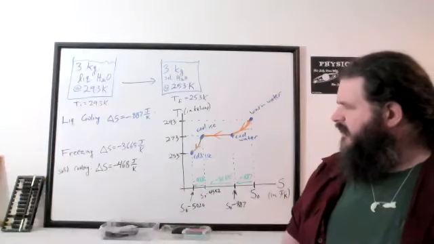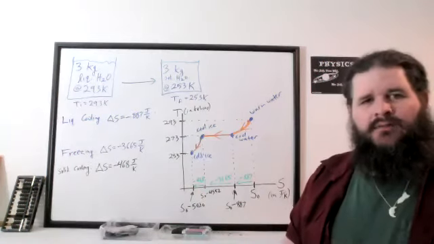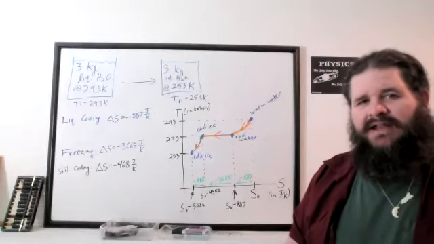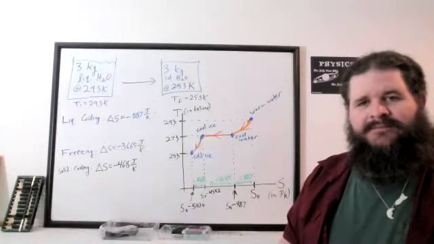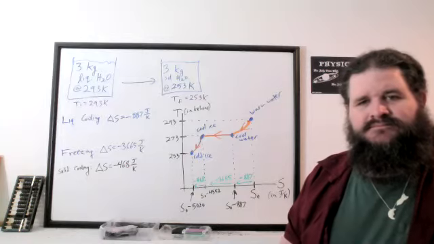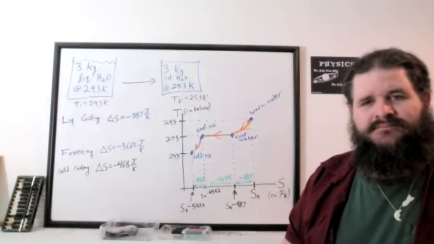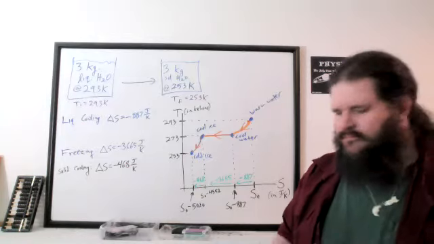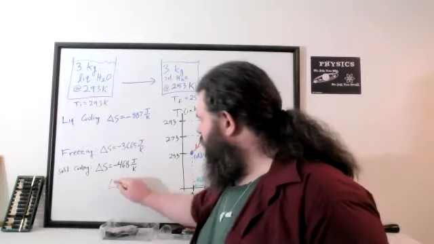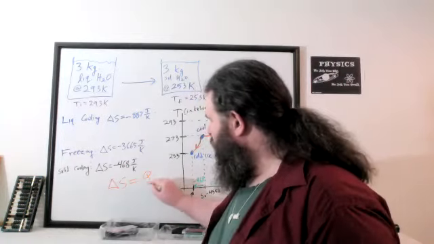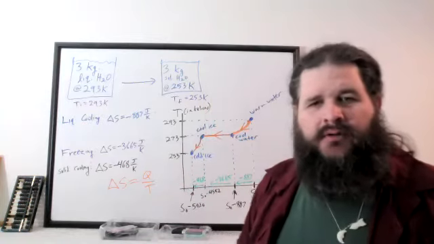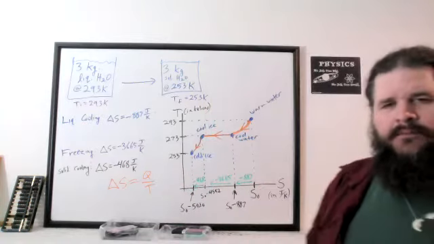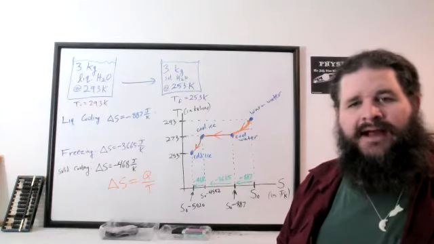In fact, if it's all work, if there's no heat at all, what would you expect to happen to entropy? Our basic formula for a change in entropy was heat over temperature. If it's all work and no heat, yeah, we'd end up with 0. Entropy would be constant. So what would that look like on the graph?